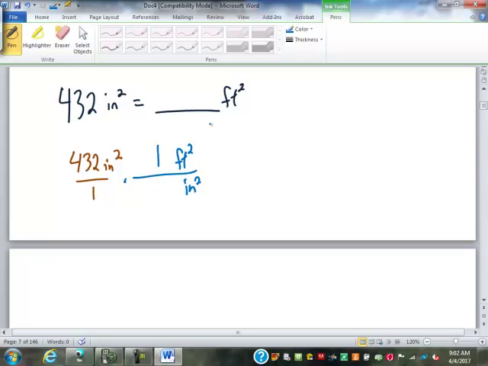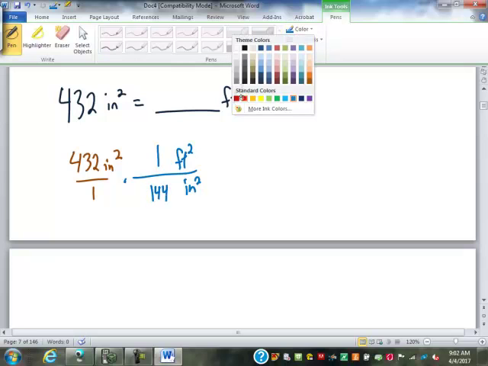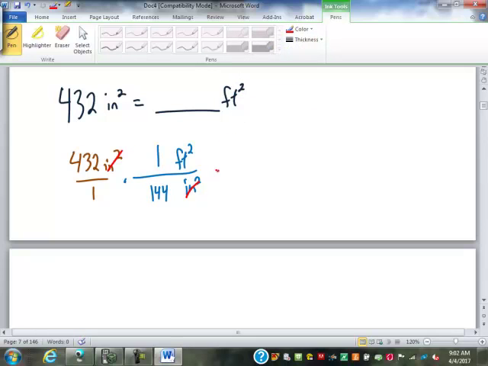Careful. Oh, square. Oh, sorry. So 144 is our conversion. There you go. So it's 432 square inches over 144, and you divide that out, you get 3 square feet. So it's a matter of getting the correct conversion factor.